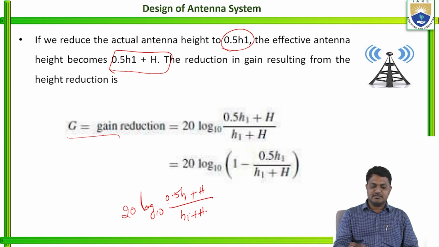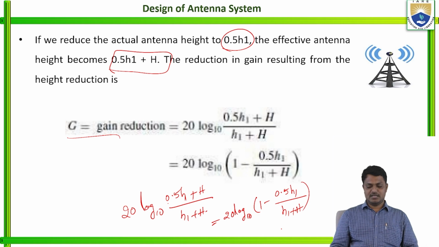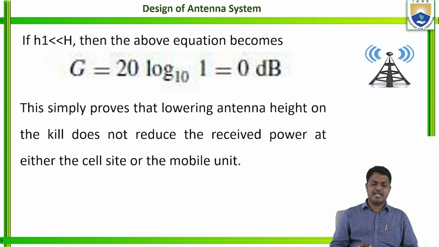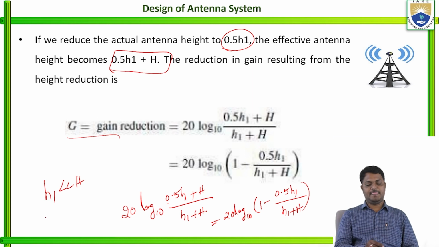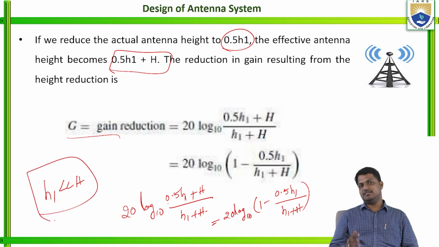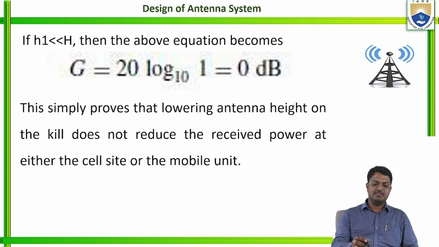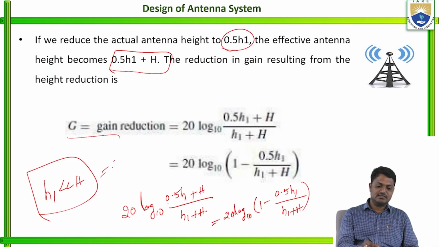Just now we discussed that the gain reduction factor G is equal to 20 log base 10 of 1 minus 0.5 h1, taking H common, by h1 plus H. If h1 is very much less than H, the height of the antenna, then we get the value 20 log 1, that is 0 dB.